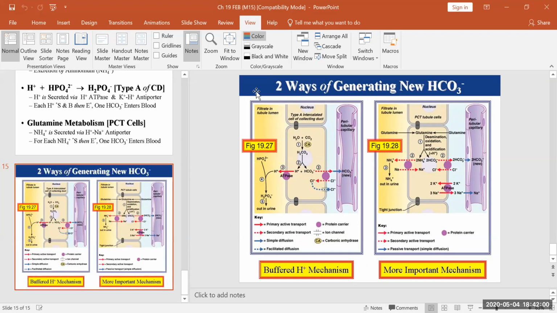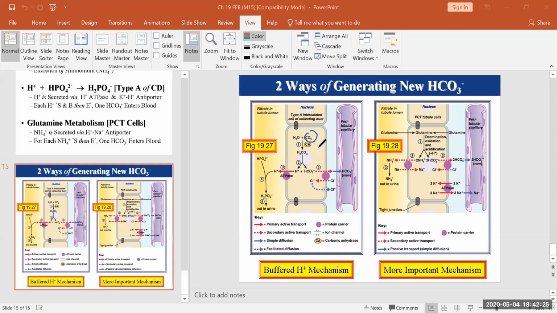Now, in this case, it's called a buffered proton mechanism. What you have is the cell producing its own CO2. Every cell does that, right? Through aerobic cell respiration, as you're breaking down glucose through glycolysis, the Krebs cycle, and the electron transport chain, you're generating CO2.